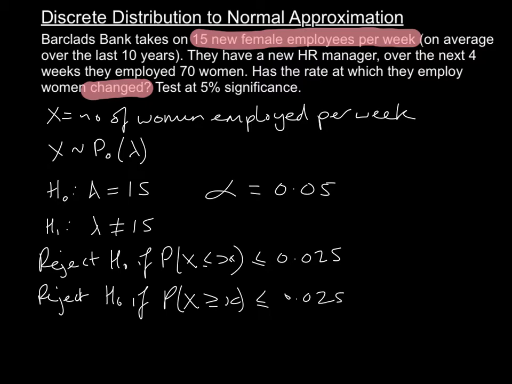Now we've got to do an approximation here, but before we do that, we're looking at a 4-week period. So x is for 1 week, so let's say that Y is the number of women employed in 4 weeks.